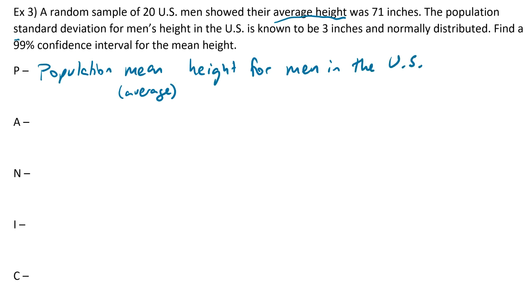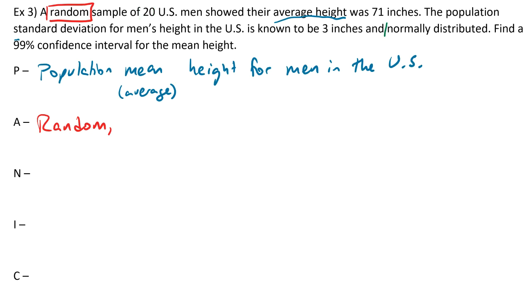So next up is our assumptions and conditions. All right, so first off, it is a random sample. So we got that first assumption down. Secondly, we either need it to be normally distributed or n greater than or equal to 30. N is not greater than or equal to 30 in this case, it's only 20.